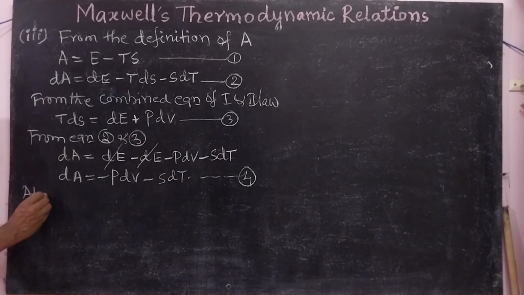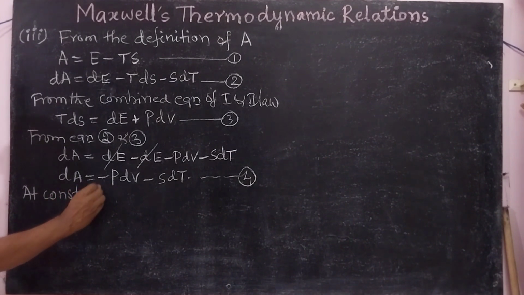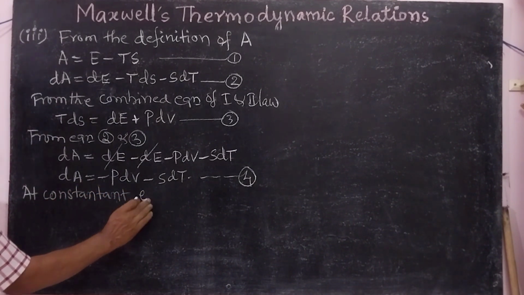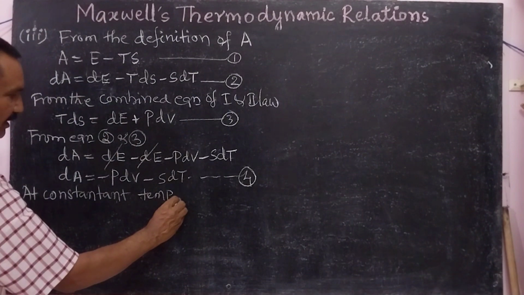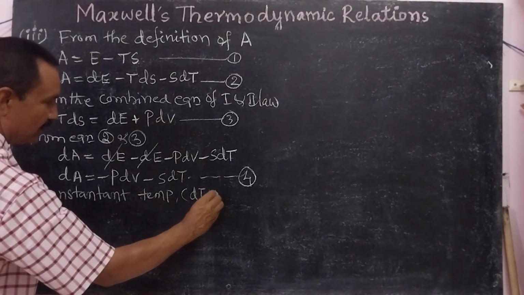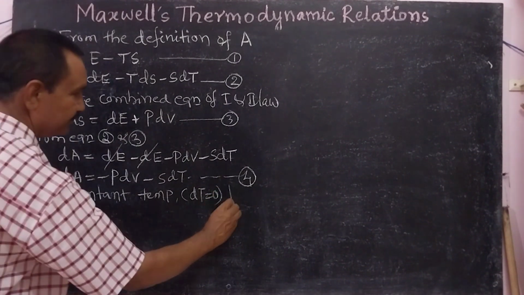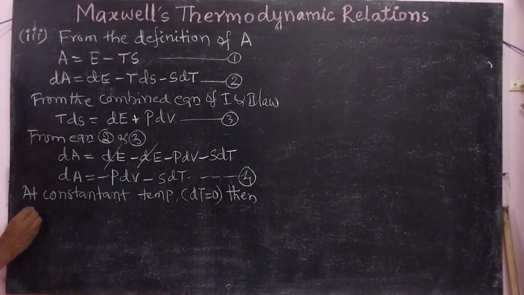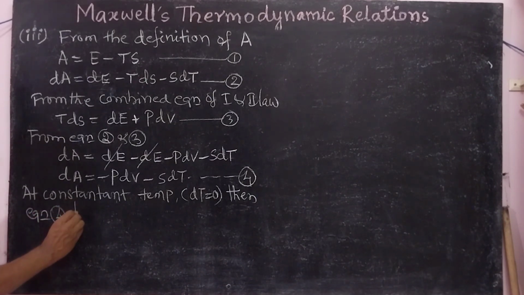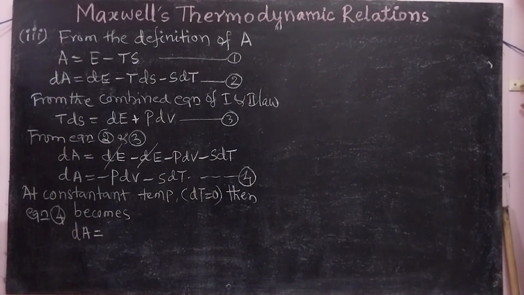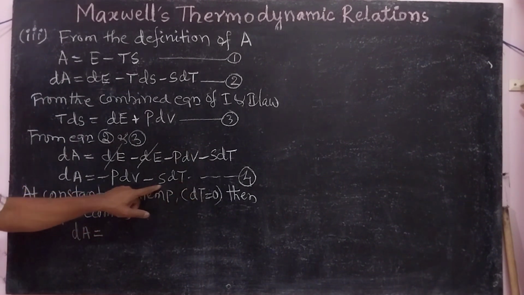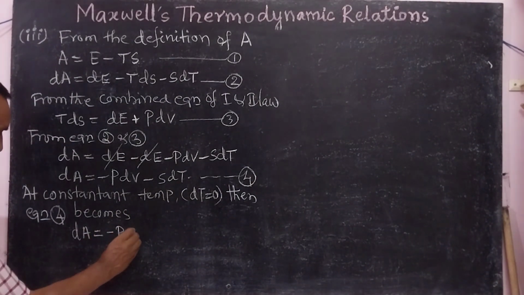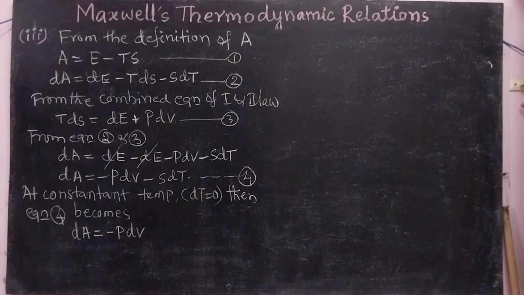At constant temperature, that is dT equal to 0, equation 4 becomes dA is equal to minus P dV, since this term becomes 0.